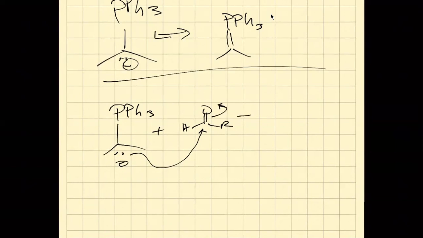And then from that, you're going to get an intermediate, kind of similar to what we just saw, where now oxygen is negative. There's a big lag between my writing. So once that carbon attacks, you're going to get this intermediate, which has traditionally been known as a betaine.